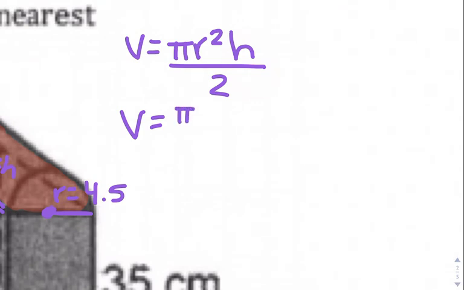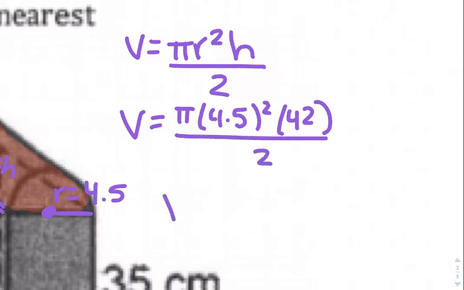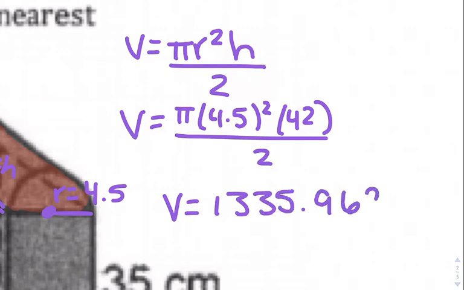So it's going to be pi times 4.5 squared times 42 divided by 2. And you can just put that all in your calculator because it wants us to round to the nearest cubic centimeter, so we are not going to leave it in terms of pi. When you do that, you're going to get this number.